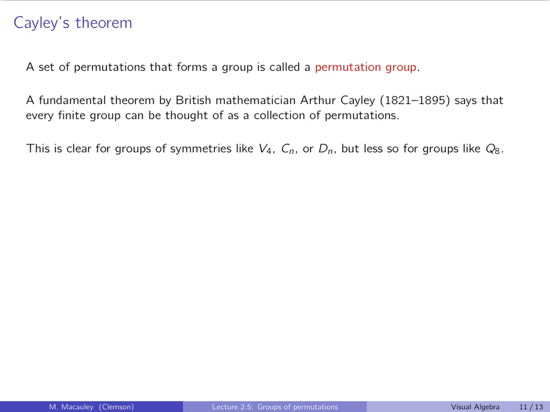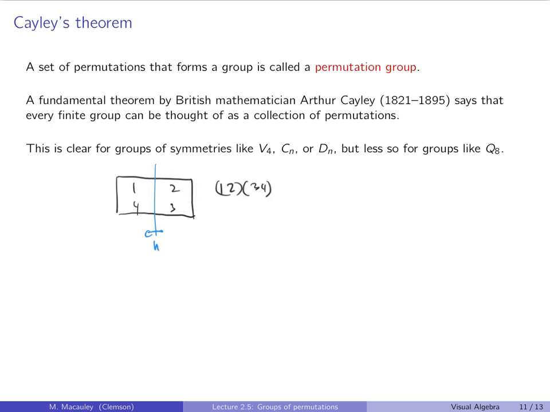I claim that this is clear for groups of symmetries like V4, Cn, and Dn. This is like the symmetries of a rectangle, a pinwheel, and an n-gon. And let me just explain why. It's basically something that we did in the beginning of this lecture. So if you have a rectangle and I label the corners 1, 2, 3, 4, then I do a horizontal flip, let's call that H, so flip about this, then that is the permutation that swaps 1 and 2 and 3 and 4.